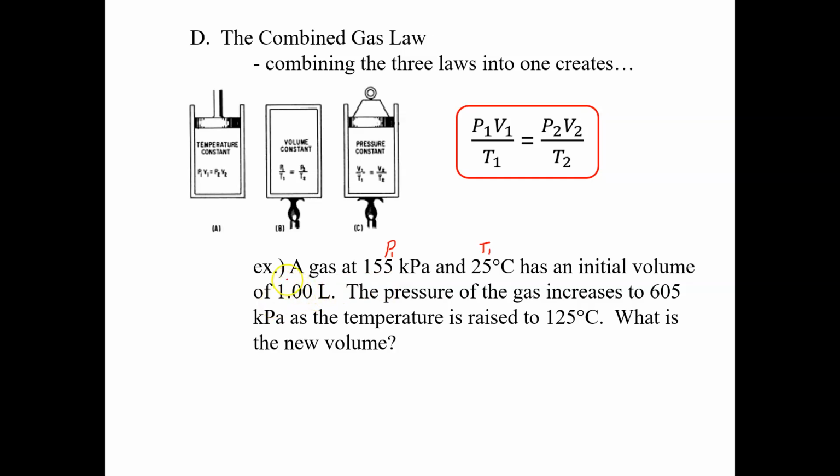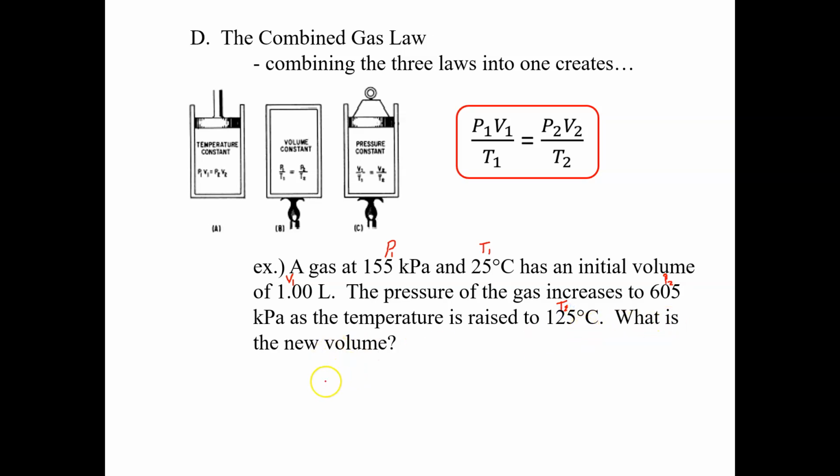Well, liters is volume, so that must be V1. The pressure of the gas increases to 605 kilopascals. So kilopascals is pressure, so this is our new pressure, P2. As the temperature is raised to 125 degrees Celsius, so this must be our T2.